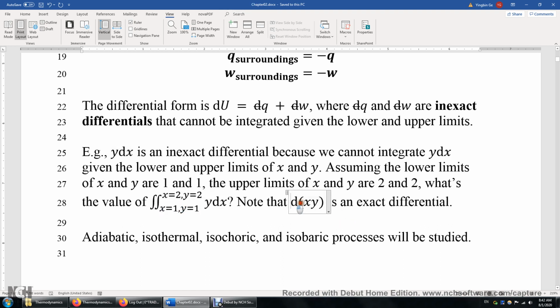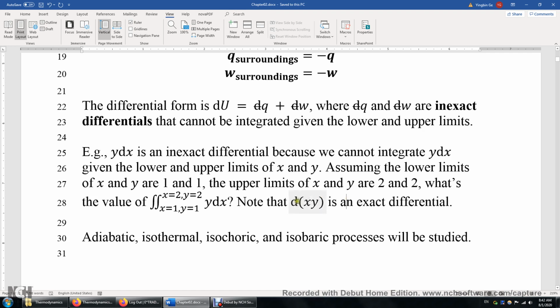However, d(xy), the differential of the product of x and y, is an exact differential. So we can integrate this d(xy) given the lower and upper limits. The indefinite integral of this is x times y, or xy. And then we can integrate this from (1, 1) to (2, 2). What's the integral value? It's simply 2 times 2 minus 1 times 1. The result is 3.